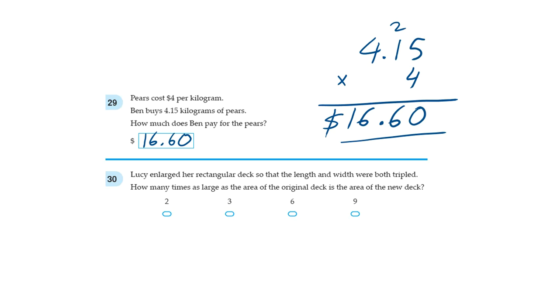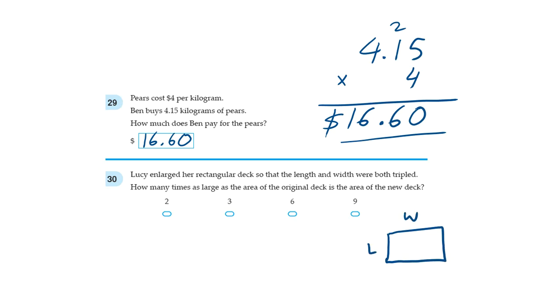Question 30. Lucy enlarged her rectangular deck so that the length and width were both tripled. How many times as large as the area of the original deck is the area of the new deck? So let's just do some overall dimensions.